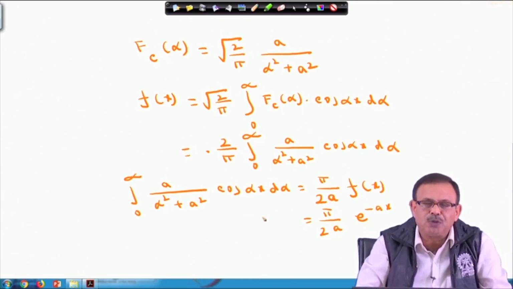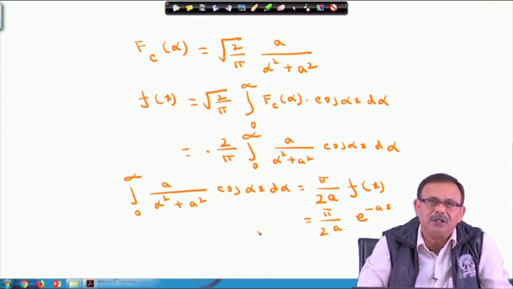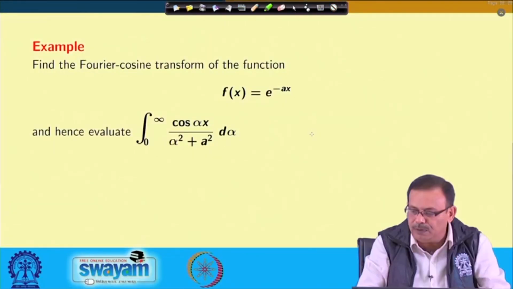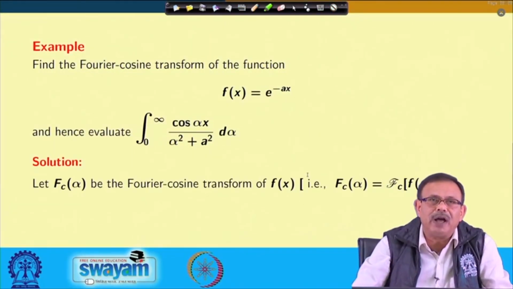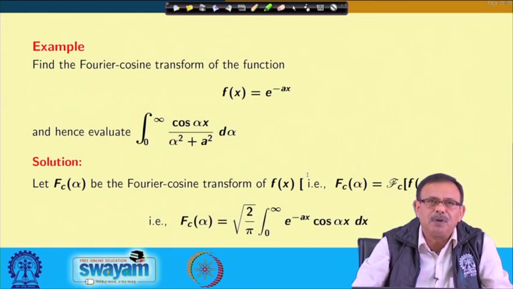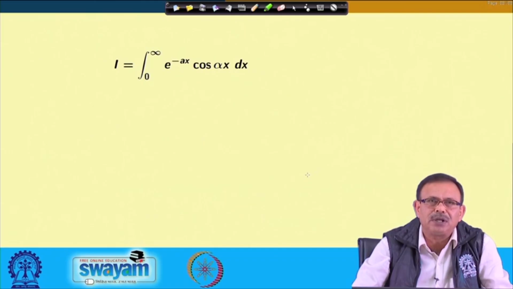So, this way we can find out the Fourier sine transform and Fourier cosine transform of any function. Let us see quickly over here. We are getting the value of this, f c is this one, and from here the Fourier cosine transform of alpha, using the definition, we can write root over 2 by pi, 0 to infinity e power minus a x into cos of alpha x into dx.